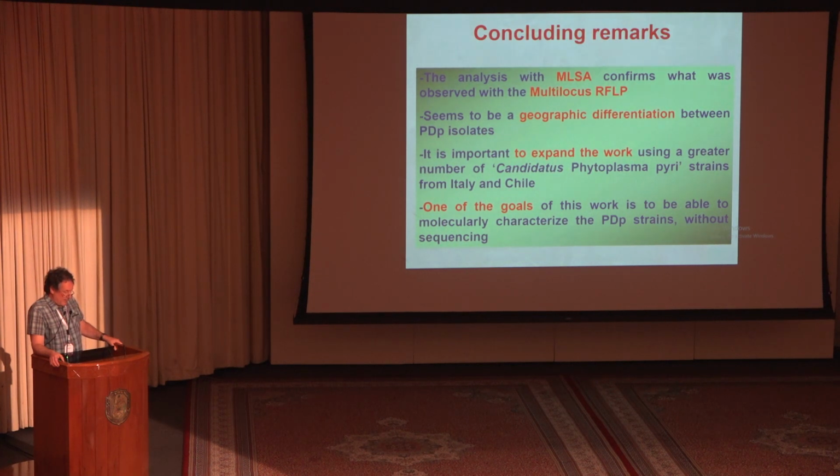But it's very interesting to note that there is a geographic differentiation, maybe due to what I told before, and it's very important to complete this work with other strains.